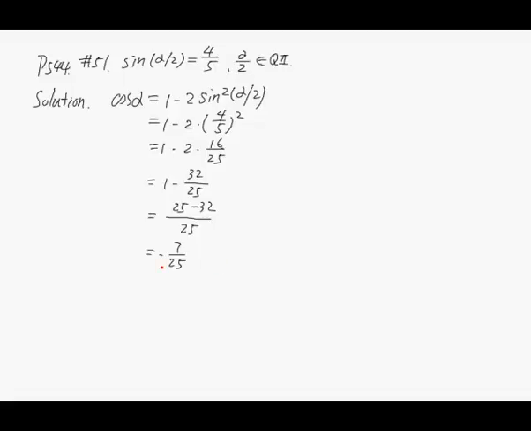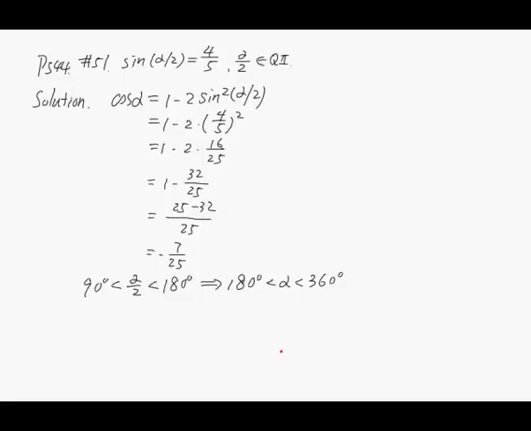And before we find the sine alpha, we need to determine the position of the alpha. Since we know half alpha is in quadrant 2, that is 90 degrees less than half alpha, and this is less than 180 degrees. So we multiply each part by 2, then we get 180 degrees less than alpha less than 360 degrees.